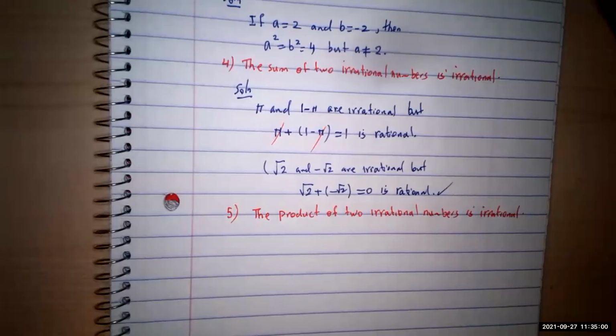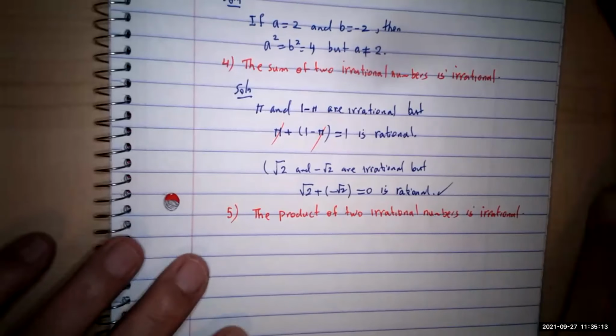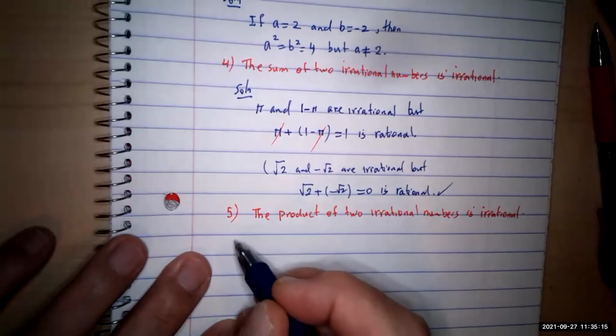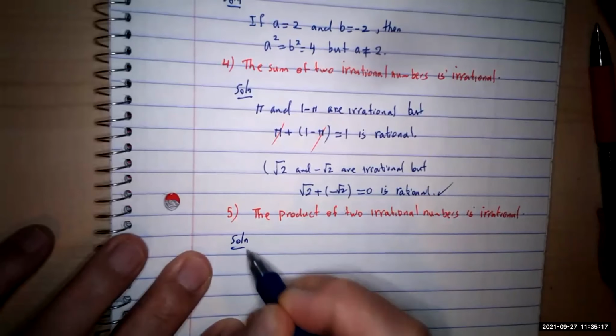Any suggestion for this one? It's just any irrational number times itself, like squared, like root 2, root 2. Yes, precisely, that's it.